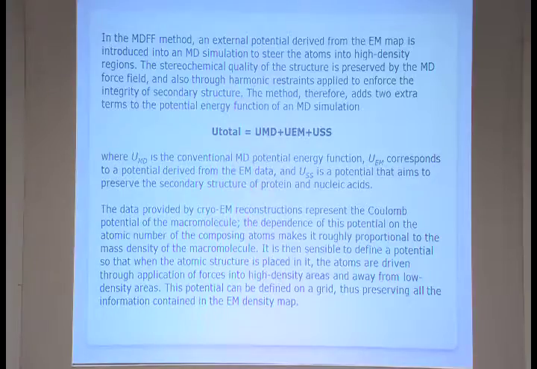That is, if the RNA is there, a higher potential is considered, and if protein is there, that is lower. And this potential actually is kind of adding pseudo atoms.